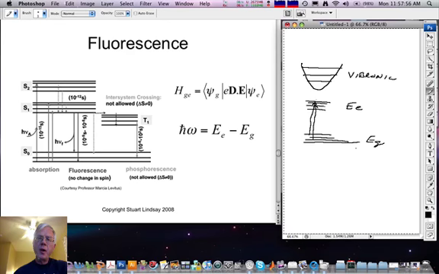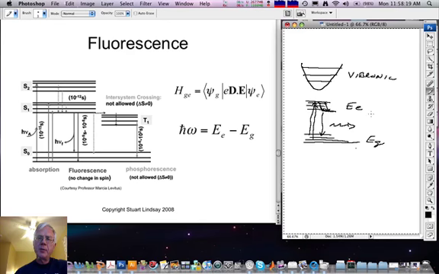Fluorescence occurs when electrons decay by non-radiative transitions to accumulate in this lowest excited state here. And so there is then a considerable amount of light intensity when these then decay back to the ground state to emit radiation. A diagram like this, by the way, is called a Jablonski diagram.